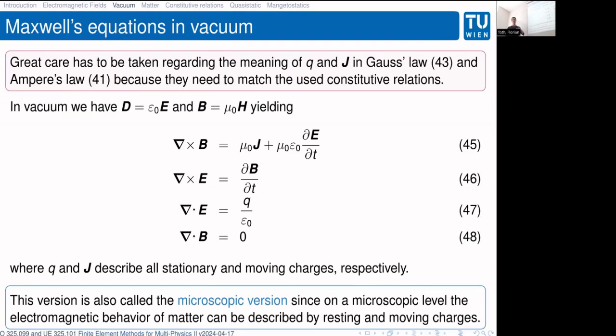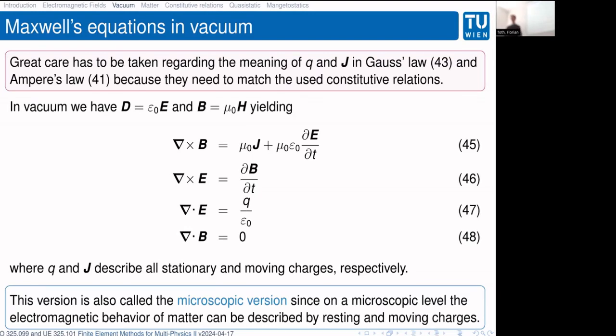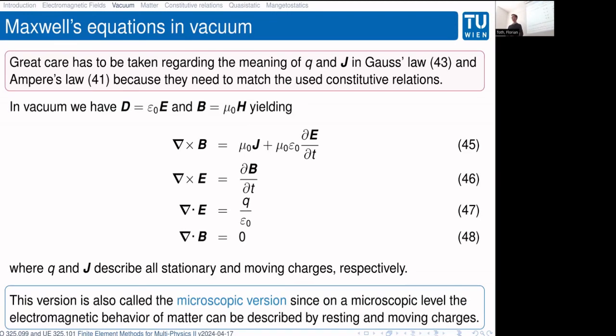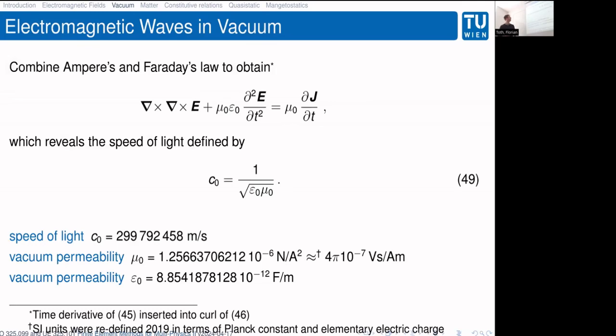This is called the microscopic version, because if you look in a microscopic sense, you consider matter electromagnetically just as a collection of charges. So you have positive or negative charges, and they make up the behavior of matter. But of course, when you look macroscopically, this is not a very handy description to describe all charges separately. So actually, we want to have a macroscopic version.